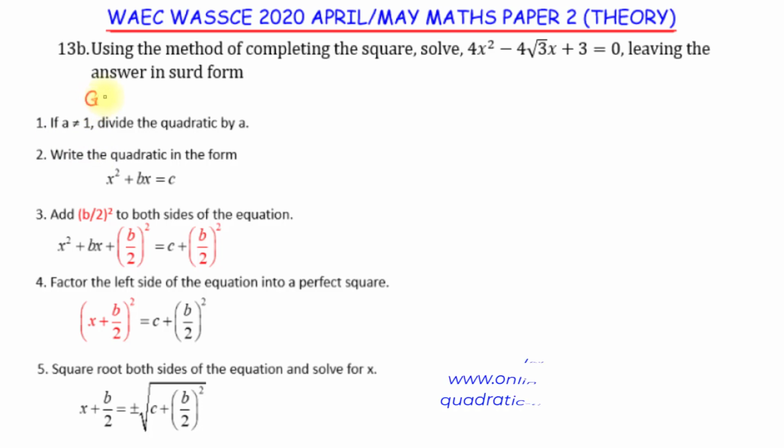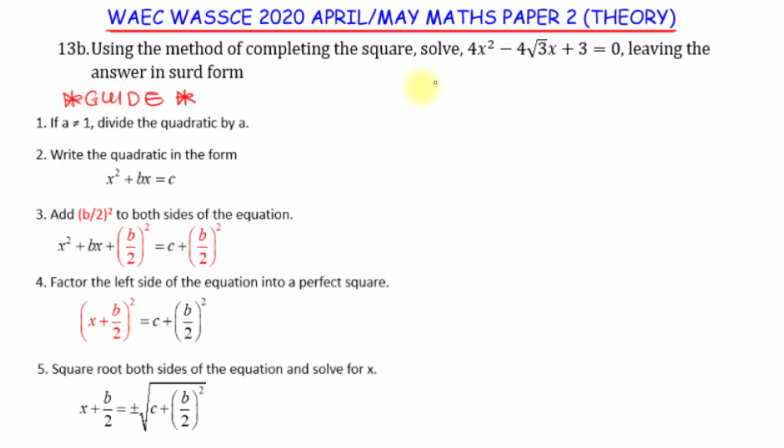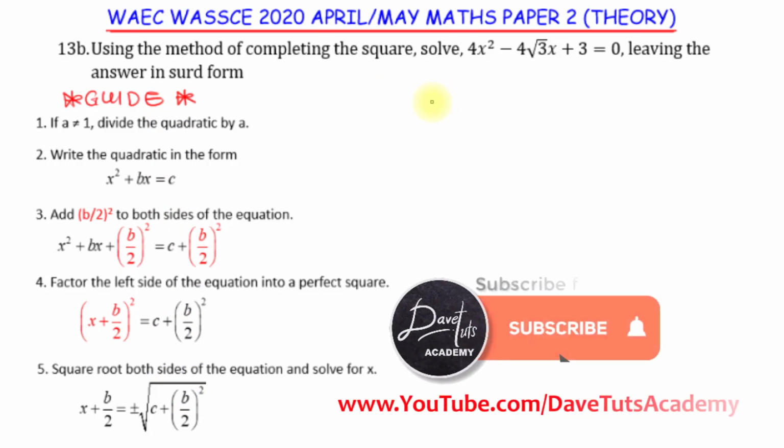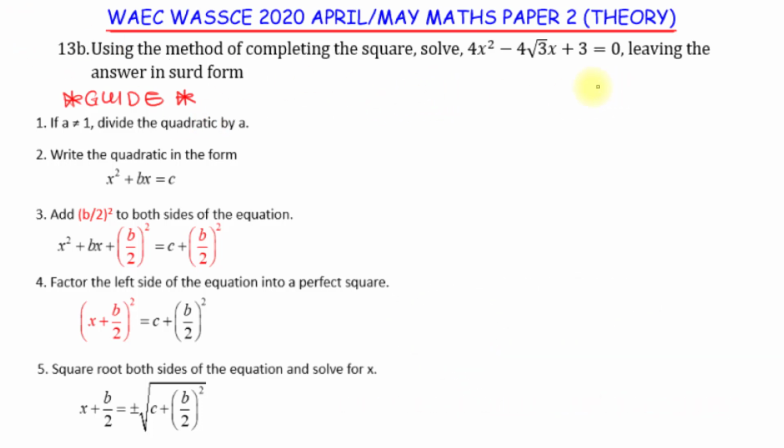So we have this as our guide for completing the square method in solving quadratic equations, and we are going to follow what we have noted there so that you students can have a superb understanding of what we are talking about when using the completing the square method. In the first case, the equation is 4x squared minus 4 root 3x plus 3 is equal to 0.